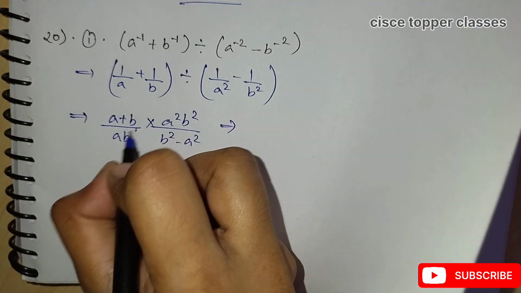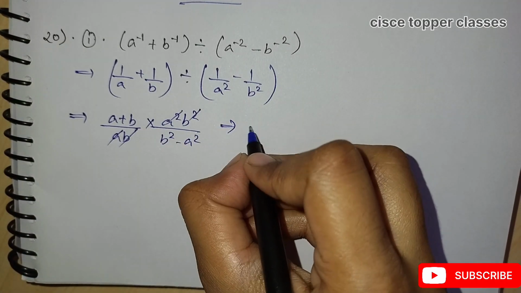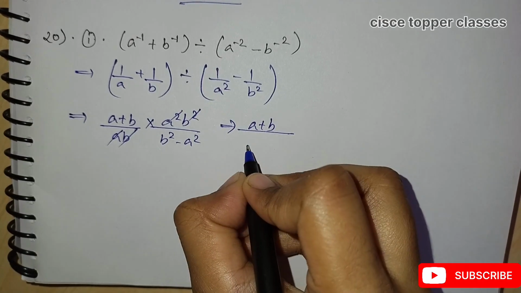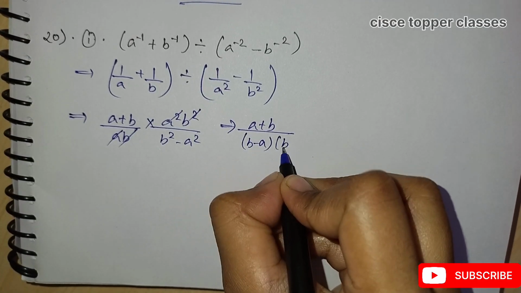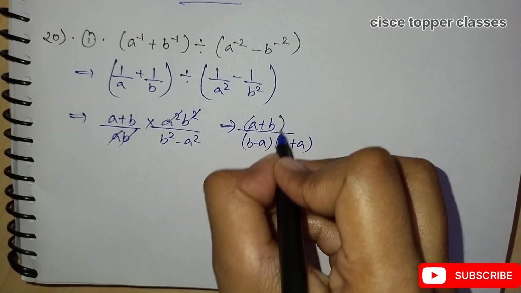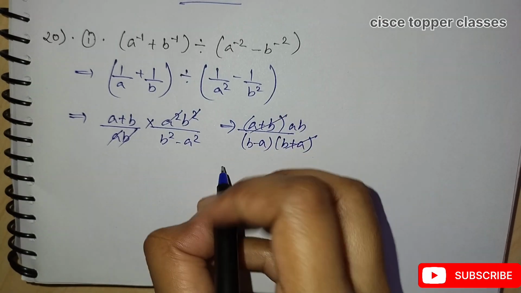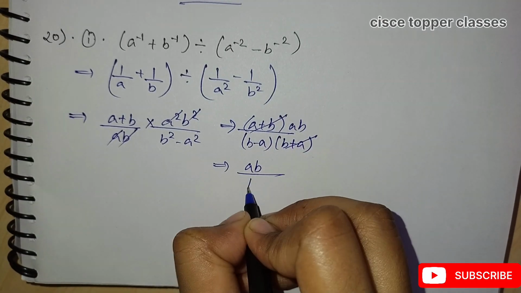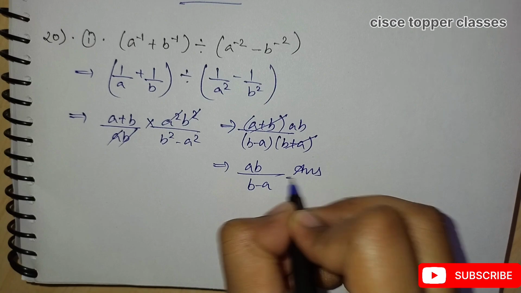On simplifying this part, this will be cancelled out from here, and we will get a plus b as b minus a and b plus a, here as a plus b and ab. This will be cancelled out, and it will be ab divided by b minus a as the answer of this question here.